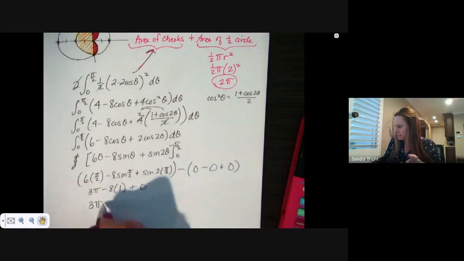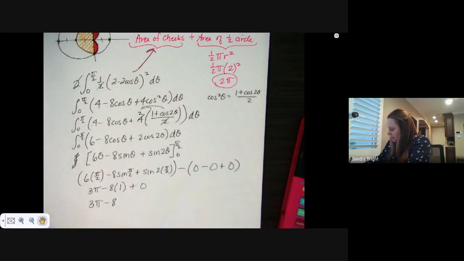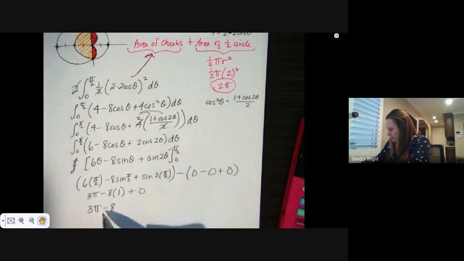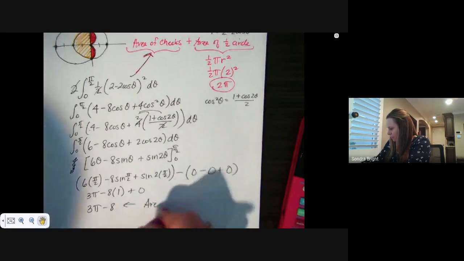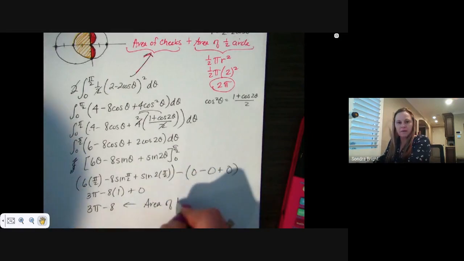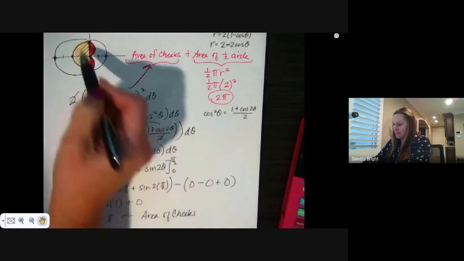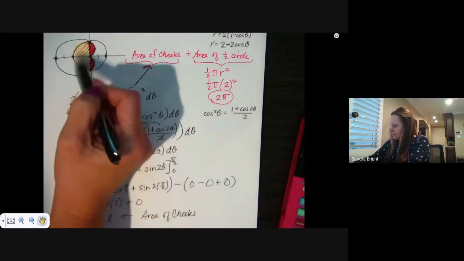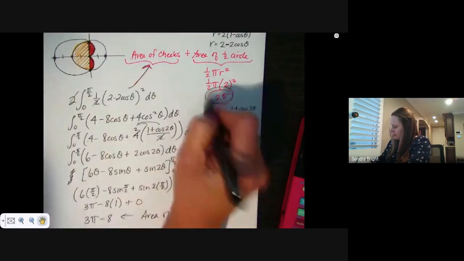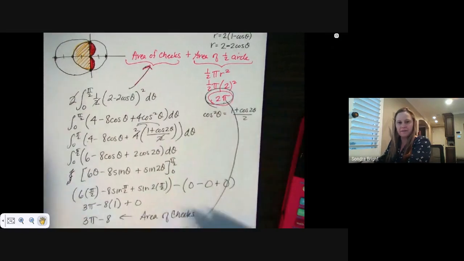Not my final answer. This was only the area of just the cheeks, but we wanted both the cheeks and this half circle. So don't forget this guy, bring it down here. Add 2 pi for the area of the half circle.